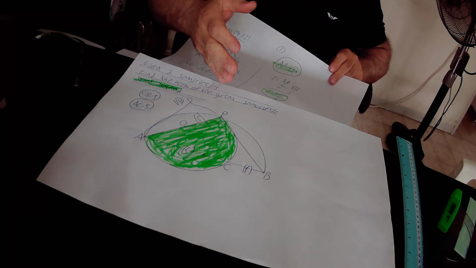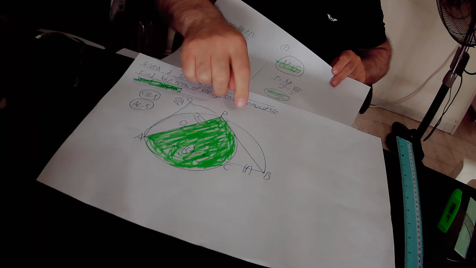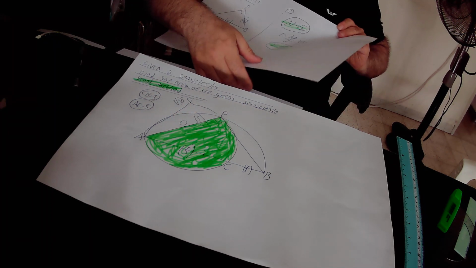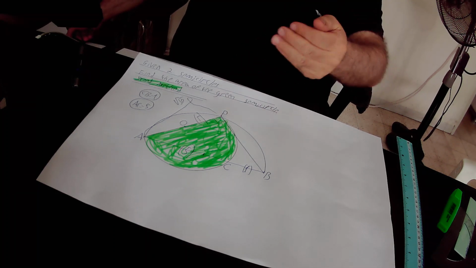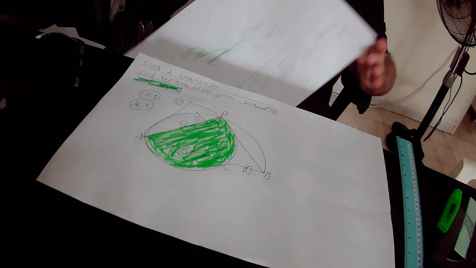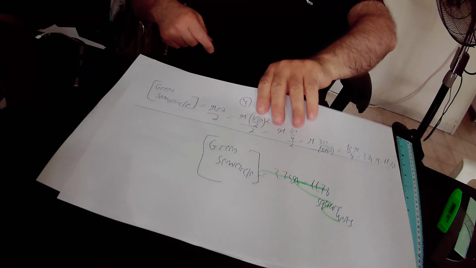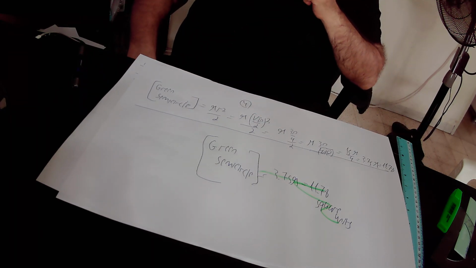And in this question, we are looking for the area of this green semicircle. The area of the green semicircle equals pi r square over 2.